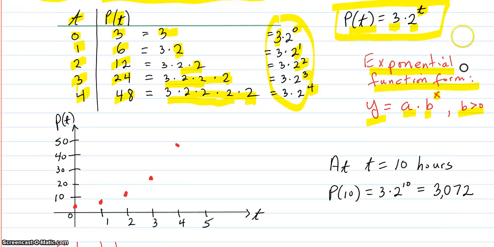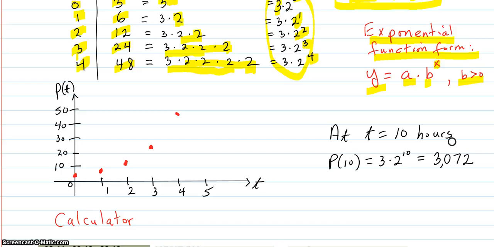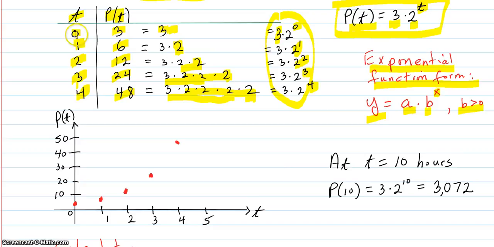Now we're supposed to graph it. So let's graph it over here. We're going to take this list of points right here, and we're just going to graph them. 0, 3 graphs here. 1 graphs to 6. Might have been a little high there, but that's okay. 2 goes to 12. 3 goes to 24.